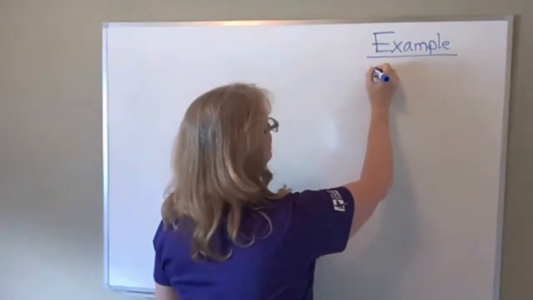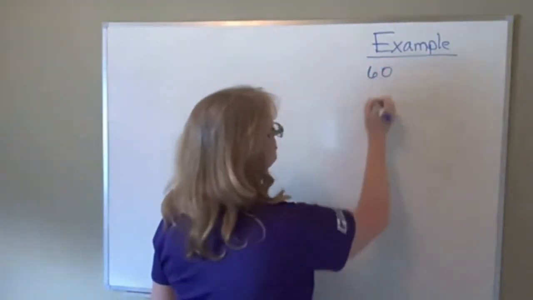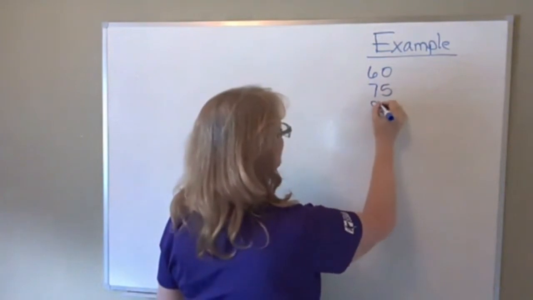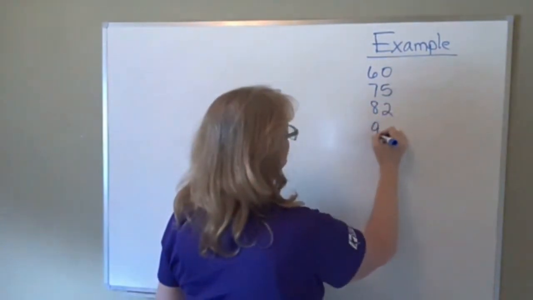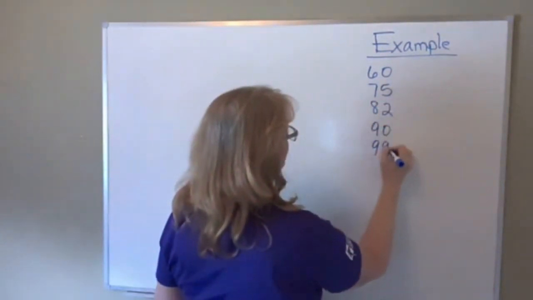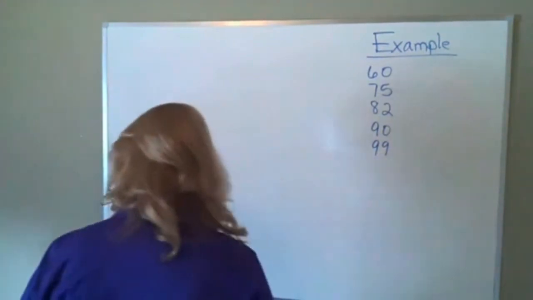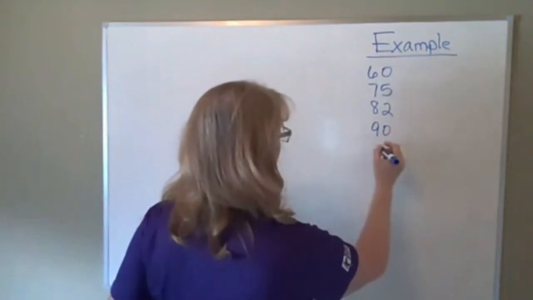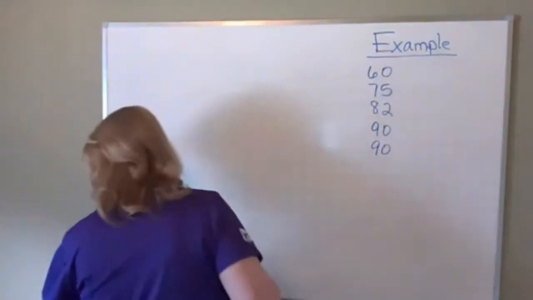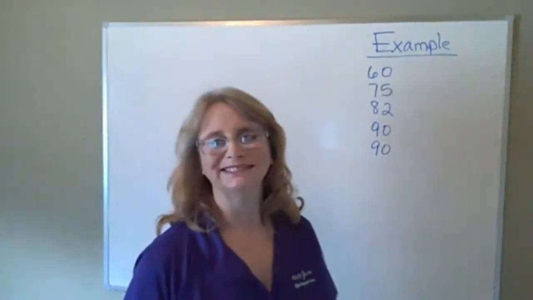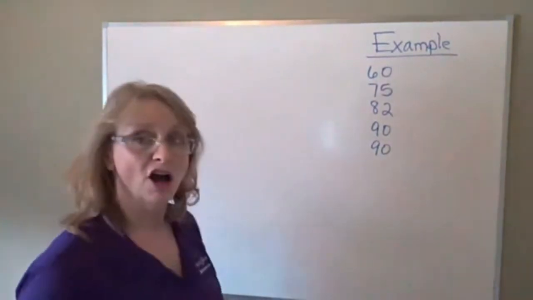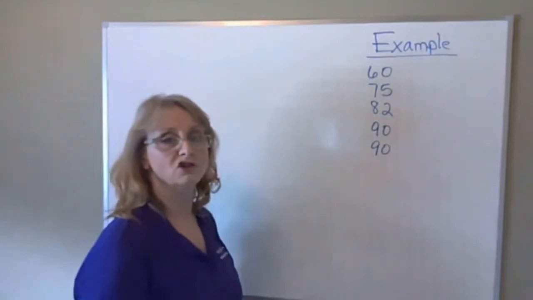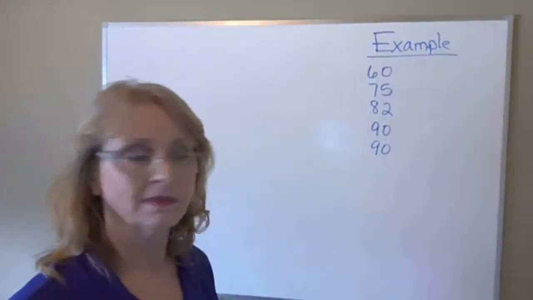Let's say we have, and I'm going to put them in order, 60, 75, 82, 90, and 99. Let's make 2 of them the same so that we'll have a mode, okay? So I'm going to give 2 90s here. Otherwise, we'll have no mode. And let's talk about the mean, median, and mode for this set, just as a review.